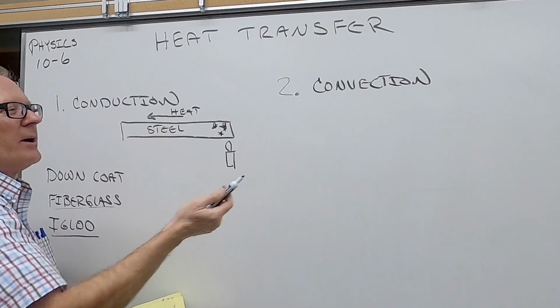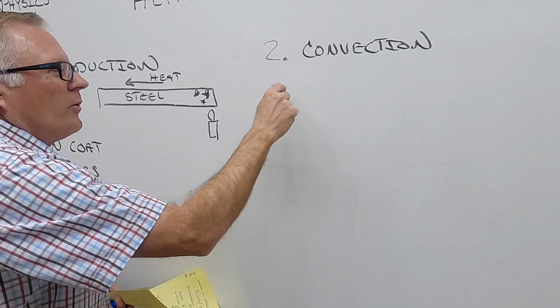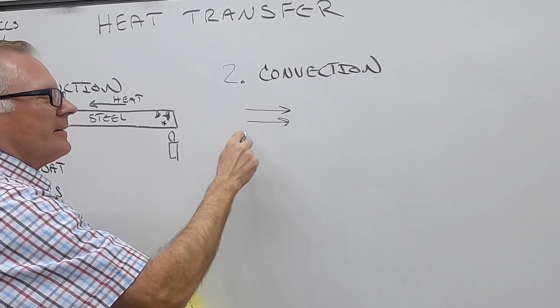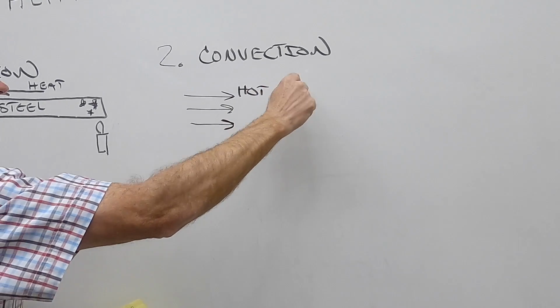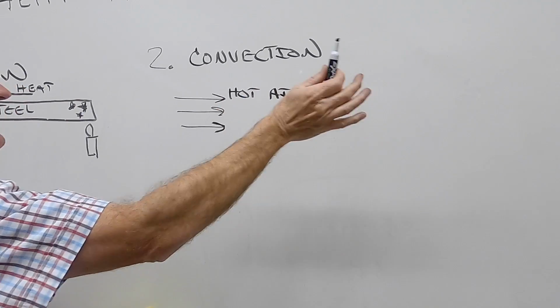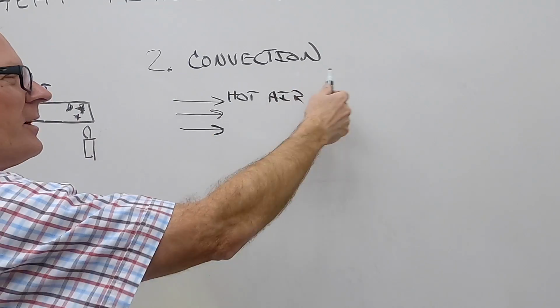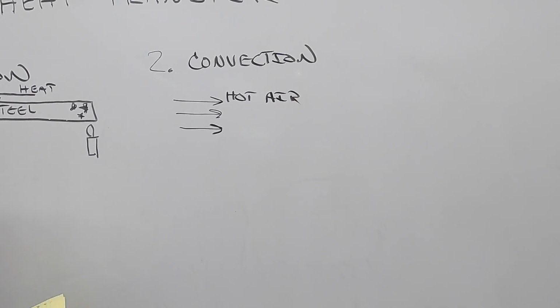Then we're moving it around through convection. We usually don't throw around hot bars. We usually throw around hot air. So if you got hot air going this way, it's usually the way we move it around by convection. You might have a heat source and a fan or something, and we can just blow hot air around. That would be convection right there.